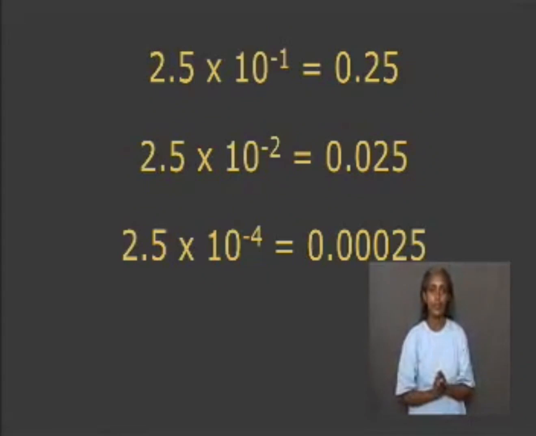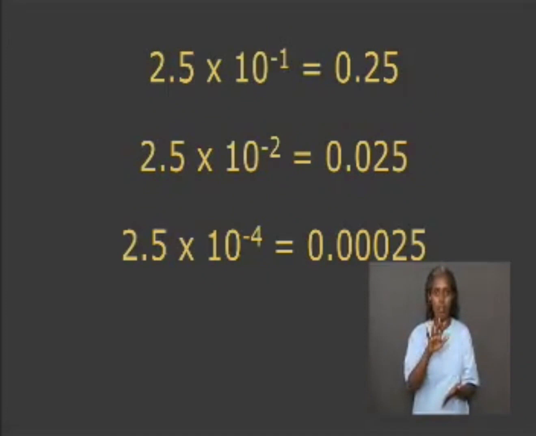And 2.5 times 10 to the power of negative 4 is 0.00025.